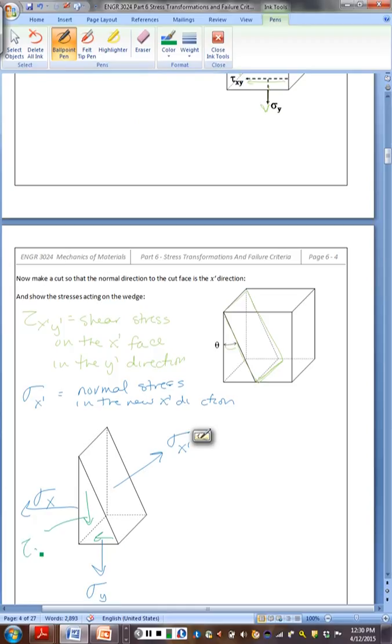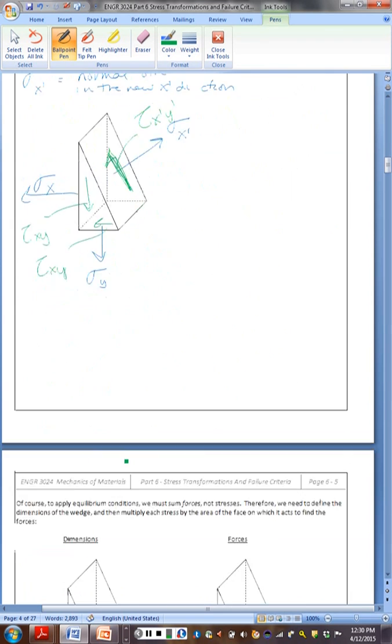So this is our tau xy, tau xy, and we have our new shear along the cut face, tau x prime y prime. So this triangular block, or this wedge structure, is our new structure that we're going to write our equilibrium problem on, and that will give us our stress transformation.